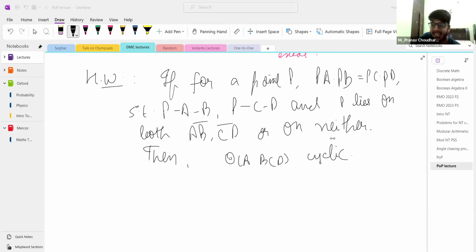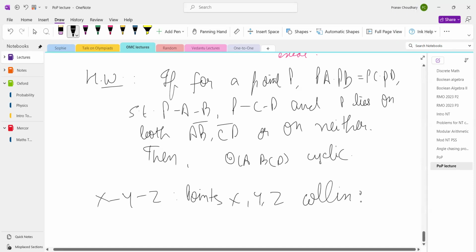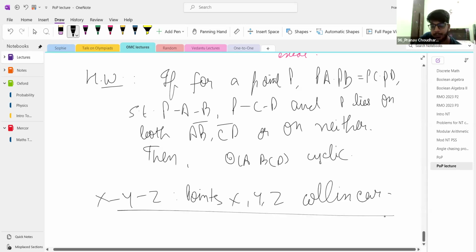It's detailed, not hard. Solve it on your own. What does P-C-P mean? This thing? Yeah, it's a notation like XYZ usually means points X, Y, Z are collinear. Oh, okay. Used very frequently.